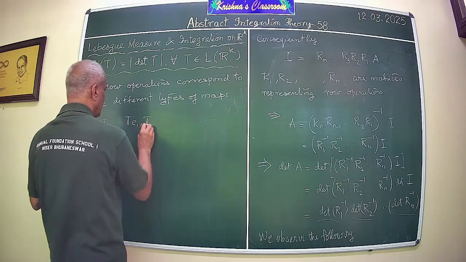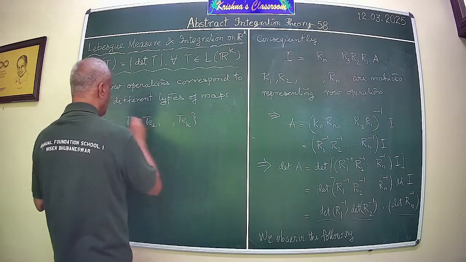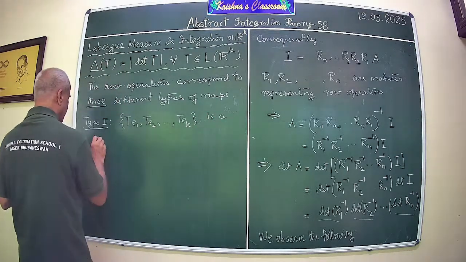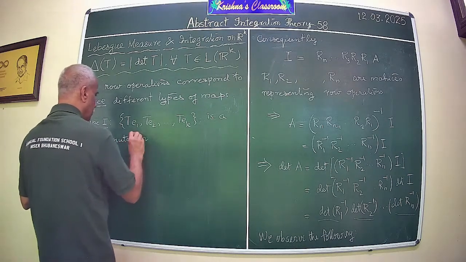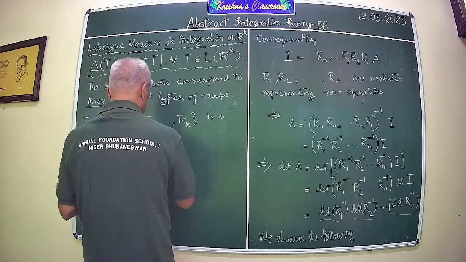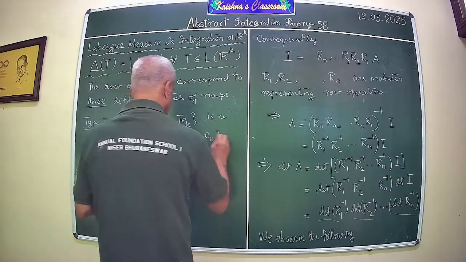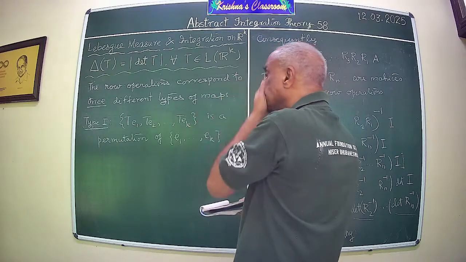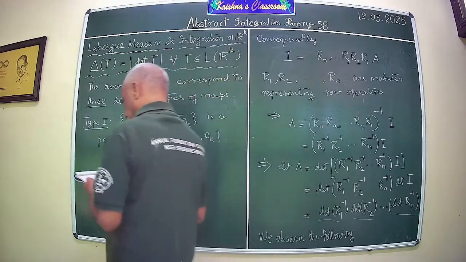It is a permutation of the basis vectors, that is the first one.